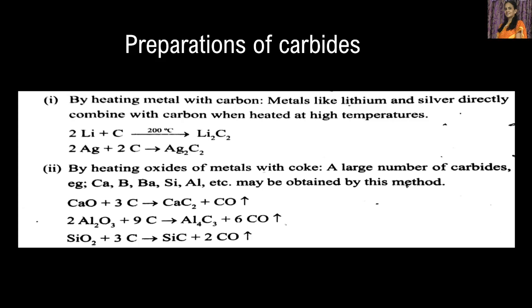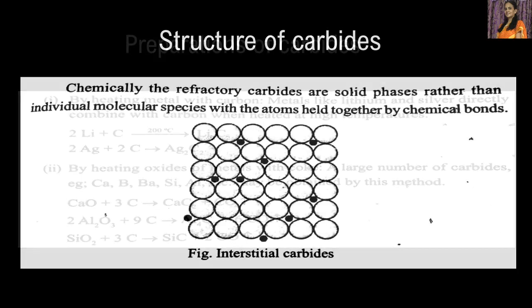Here we can see calcium oxide with coke giving CaC2, Al2O3 with coke giving Al4C3, and SiO2 plus C giving SiC, that is silicon carbide. This is a covalent carbide, whereas the others are ionic or electrovalent carbides.